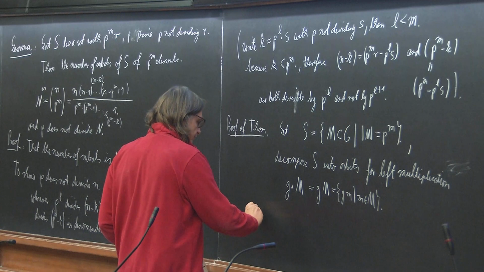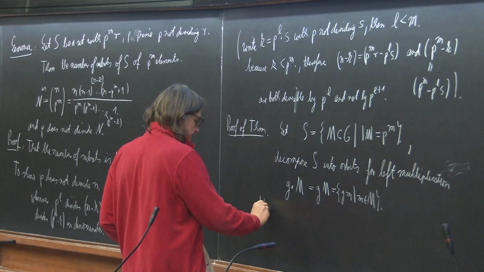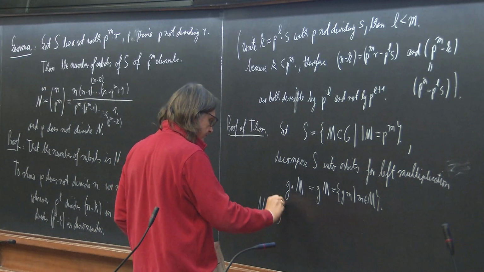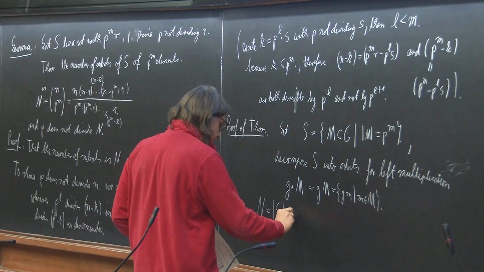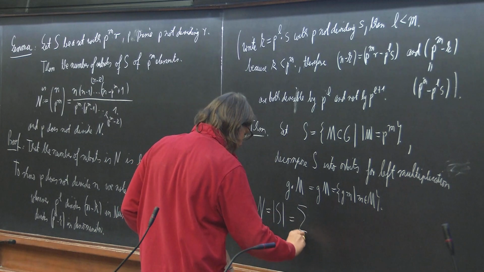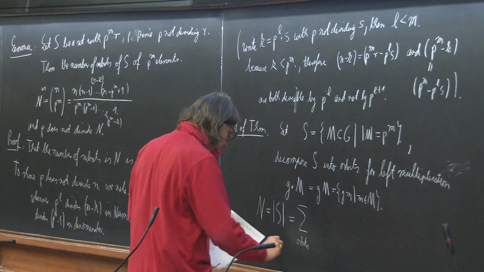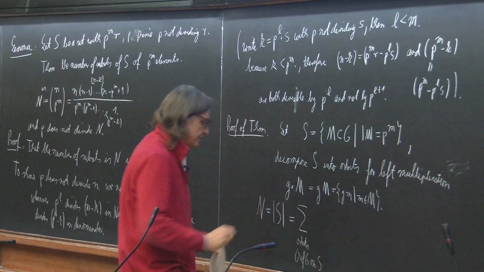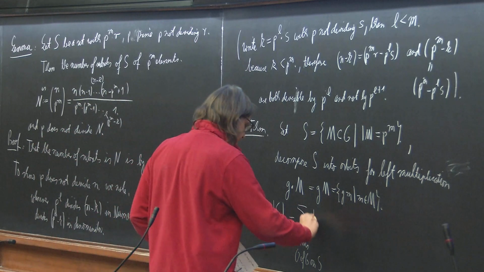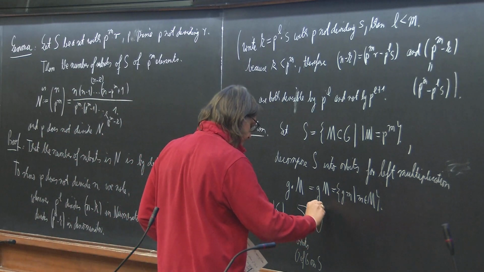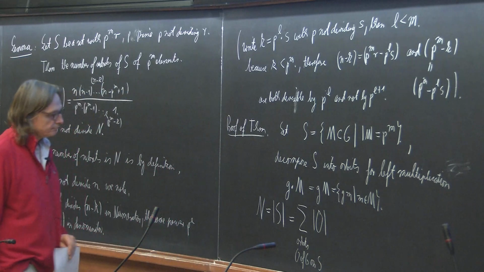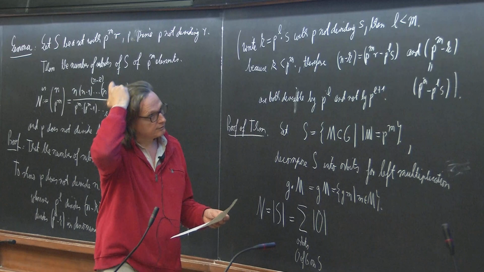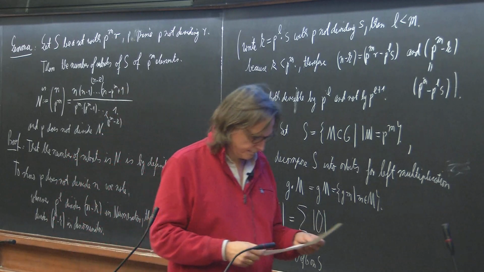Therefore, the number of elements in S, which is this number n that we had here, is equal to the sum over all orbits O of G on S for this left multiplication of the number of elements in the orbit. Okay? So that's just the fact that it decomposes into orbits.